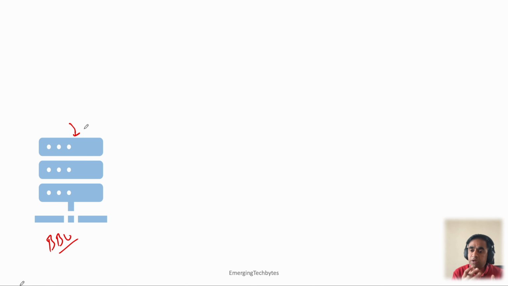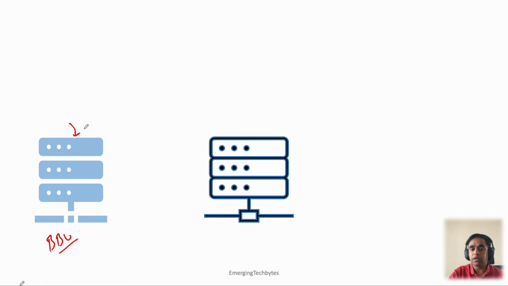But can we decouple the software from the hardware, like the way we have done in virtualization? So the answer to that is yes, there can be any commercial off-the-shelf hardware, and then these individual software components can be deployed there.